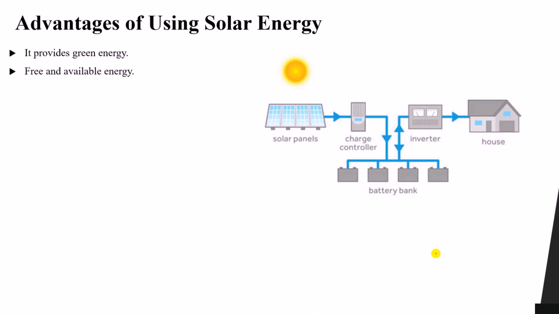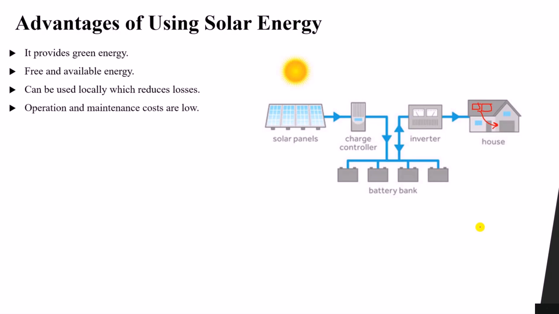Second, it is free and available all of the time, or to be more specific, in all regions of the world. Third, it can be used locally, which means it reduces losses. What does this mean? It means I can install it directly on my own house to provide electrical power to my own house.